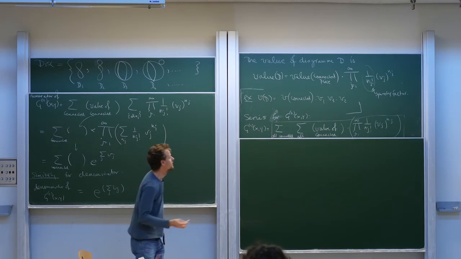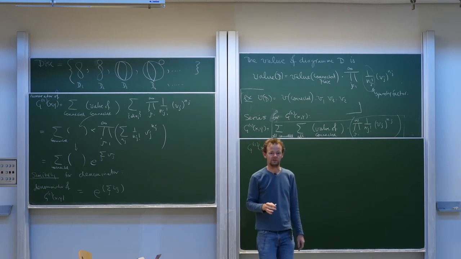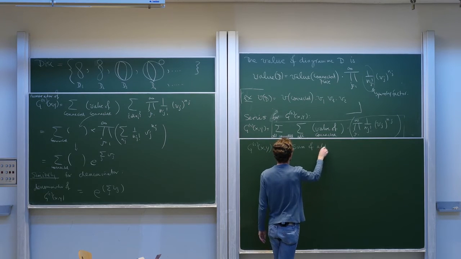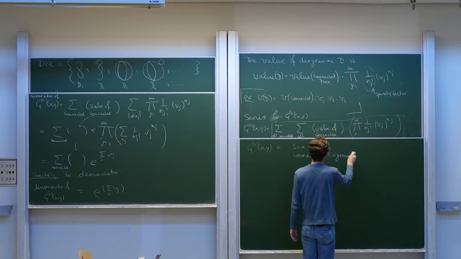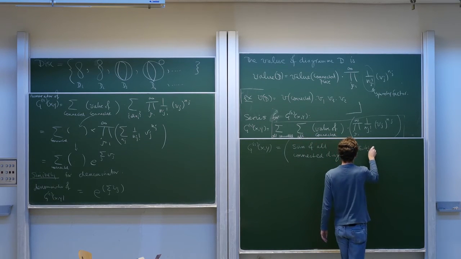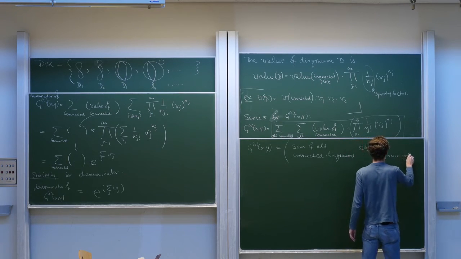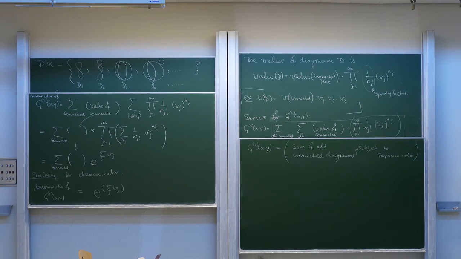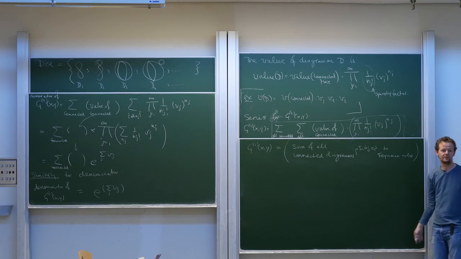So the final result, modulo your concern about the values of these diagrams being infinity, is that we can get this perturbative expansion for G2(x,y) as a sum of all connected diagrams subject to the Feynman rules.